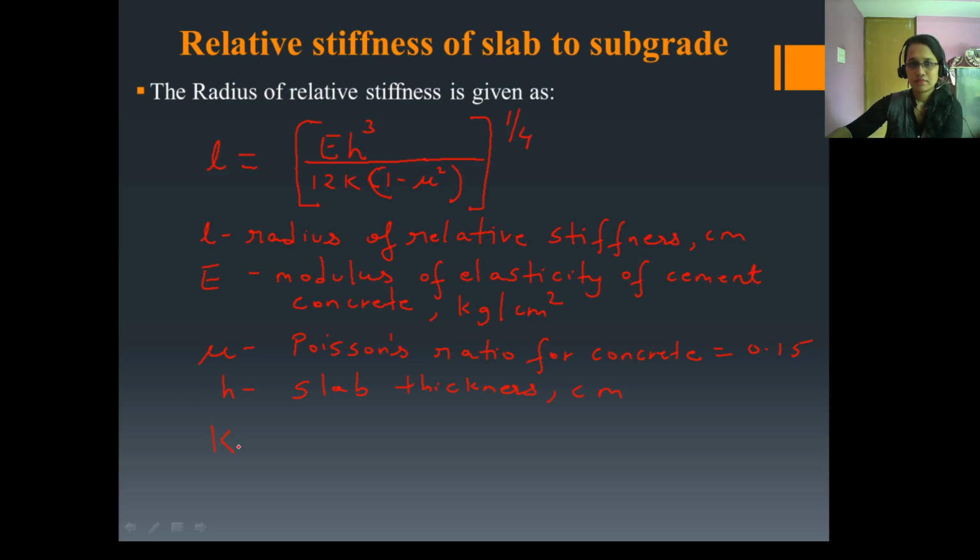So the radius of relative stiffness is given by this equation here, E H cube upon 12 K (1 minus nu square), raised to 1 by 4.